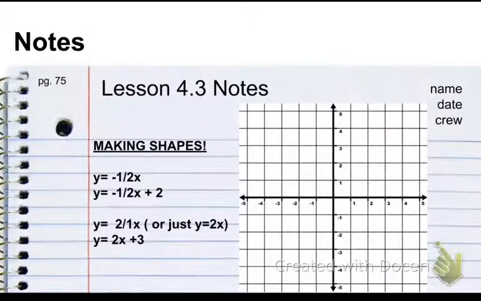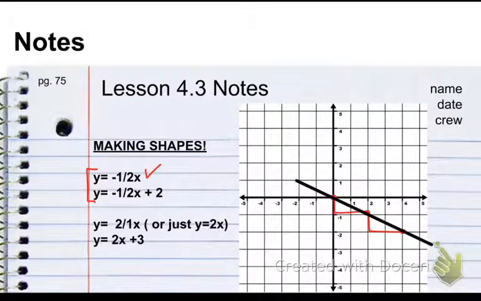First, let's make some parallel lines. I've got y equals negative 1/2 x. I start here at 0, and I go down 1 over 2, down 1 over 2, and I make a line. Now I want to make a line parallel to that.